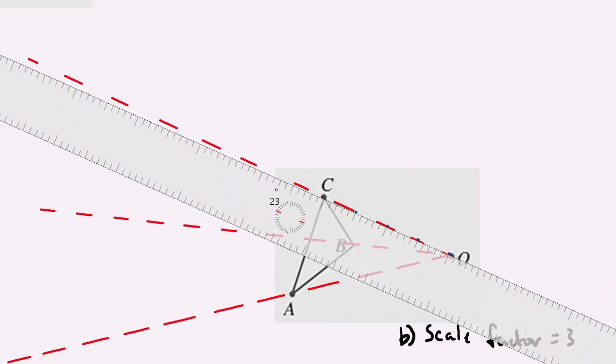Get back in that spot there. So 4, 5, 6, 7, 8, 9, 10, 11, 12. Alright, so there's our first spot. Give it a nice orange dot.